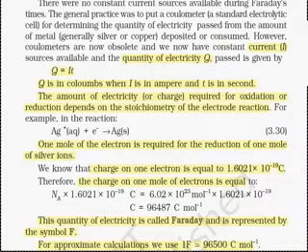So for calculations we use 1 Faraday is equal to 96500 coulomb per mole. That is, we use this 1 mole as 1 Faraday and it will be equal to 96500 coulomb.